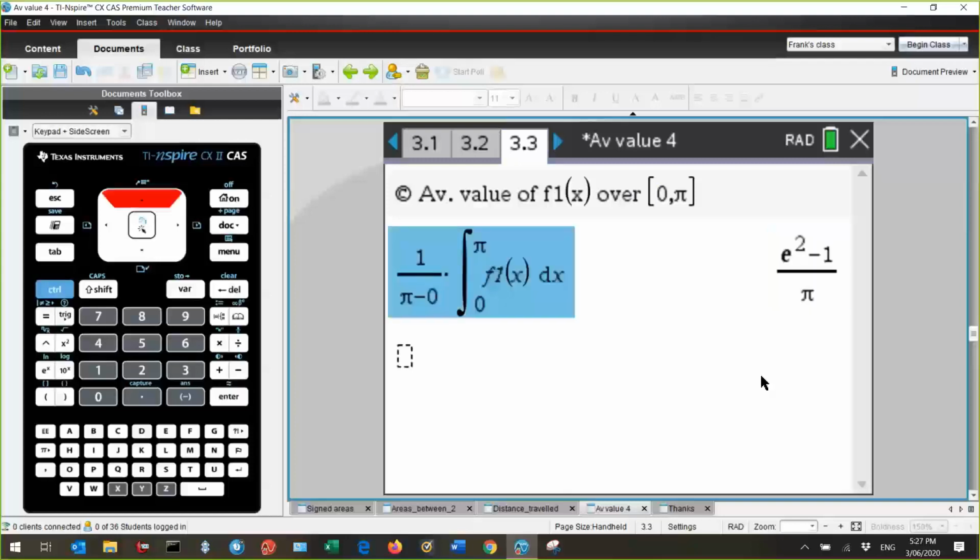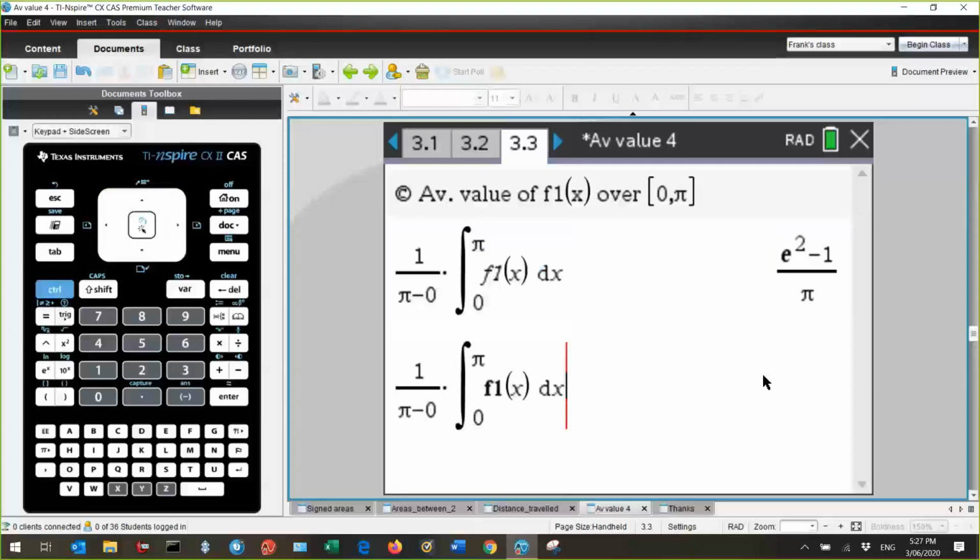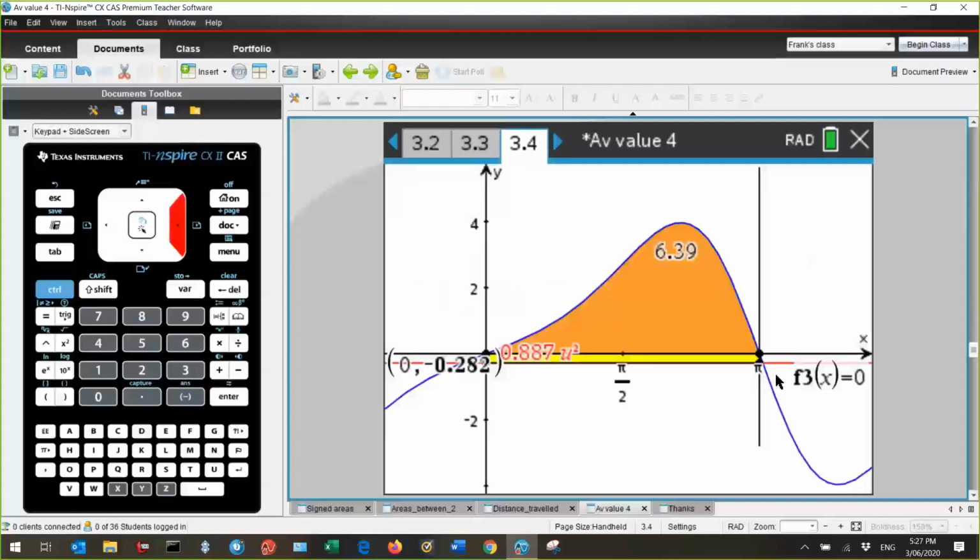But if I want to get a rational approximation, Control Enter, it's just over 2. And let's see how that works. So the orange area, the area under the graph from 0 to pi, is roughly 6.39.